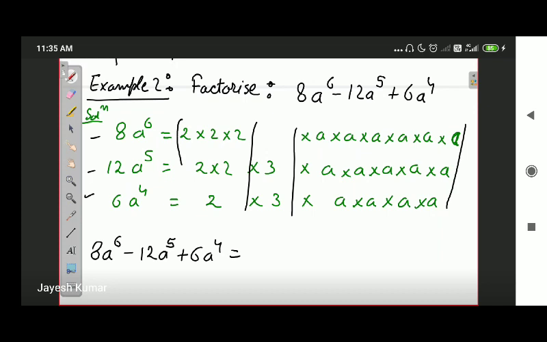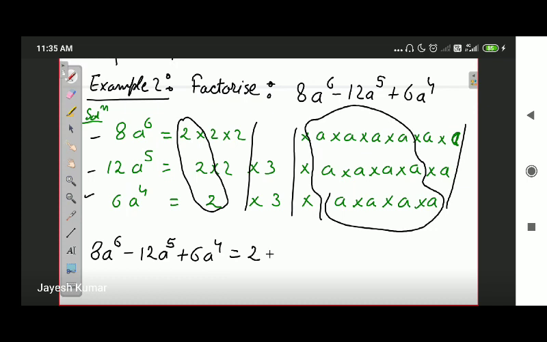So we have one 2 present in all 3 expansions. We take that as common. 3 is not present in all 3 expansions, so 3 remains as it is. And 4 a's are present in all 3 expansions, so a into a into a into a.